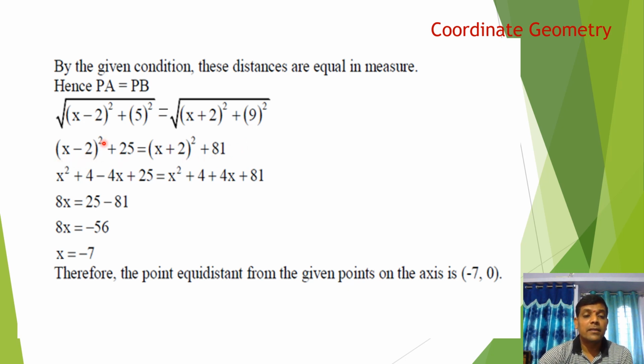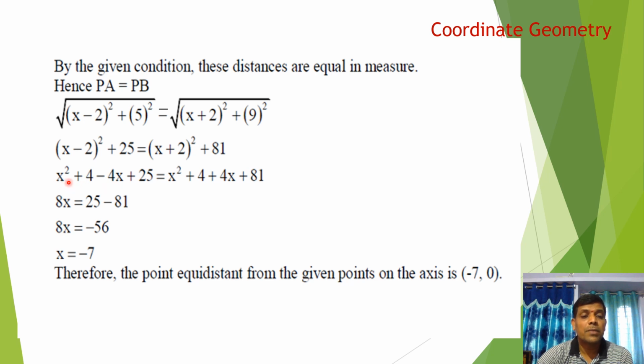Now (x minus 2) whole square is in the form of (a minus b) whole square, which is written as a square minus 2ab plus b square. Here a equals x, b equals 2. A square means x square, b square means 2 square, which is 4, minus 2ab, which is 2 into x into 2, we get 4x.